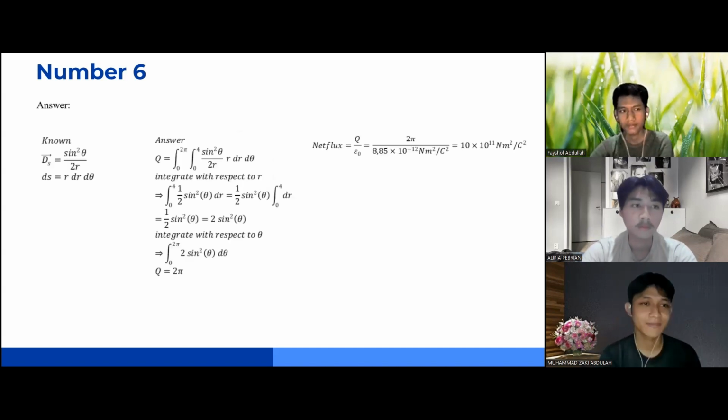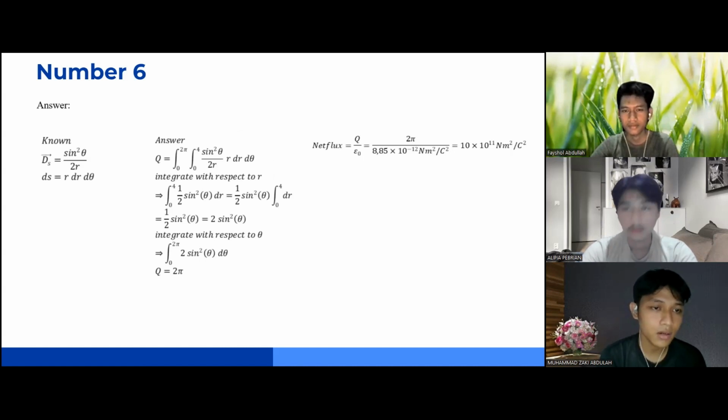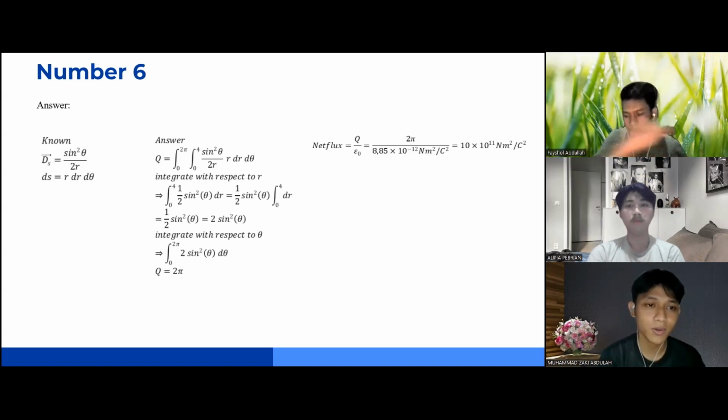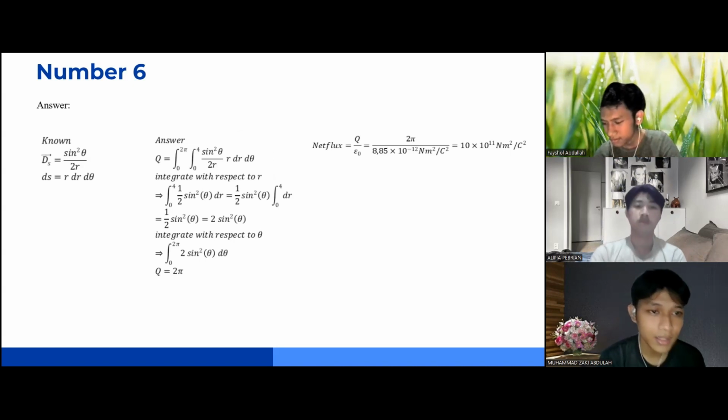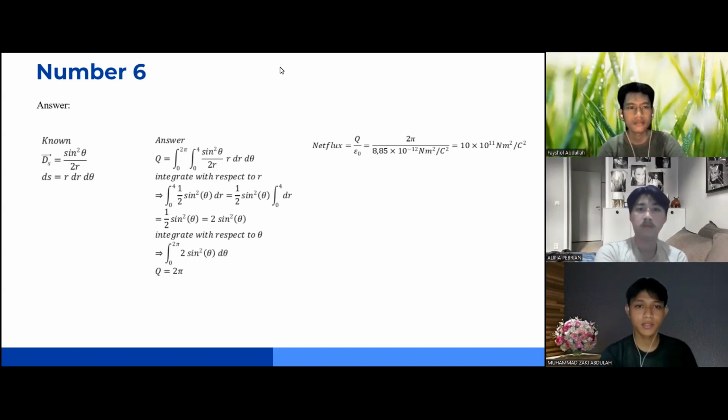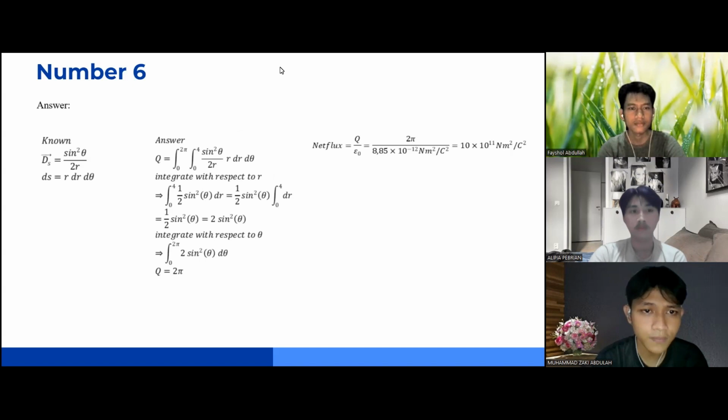Next. First, vector D_S equals sin²θ over 2r and dS equals r dr dθ. So we can get the Q equals the integral 0 to π and the integral 0 to 4 of sin²θ over 2r times r dr dθ. And next we integrate r.